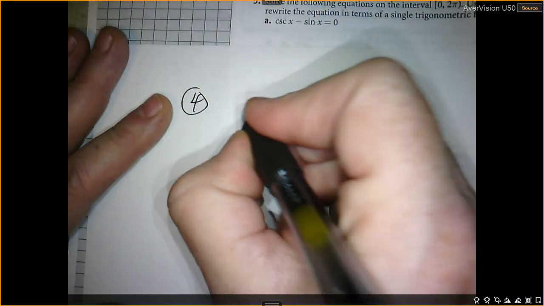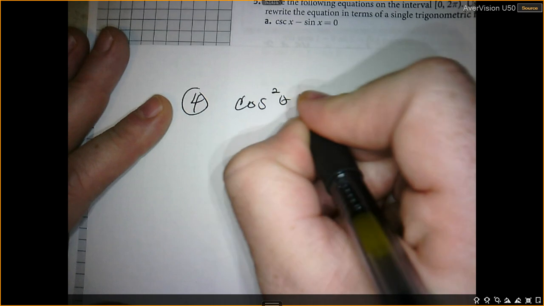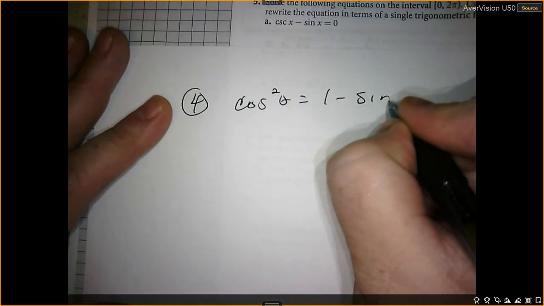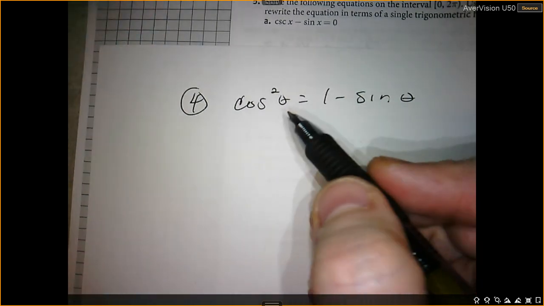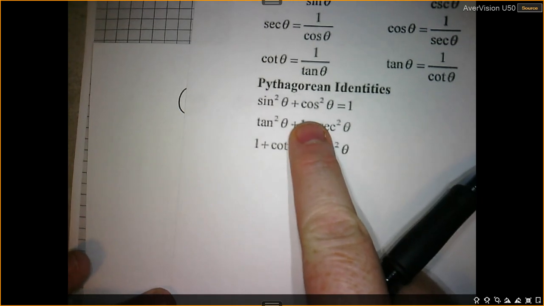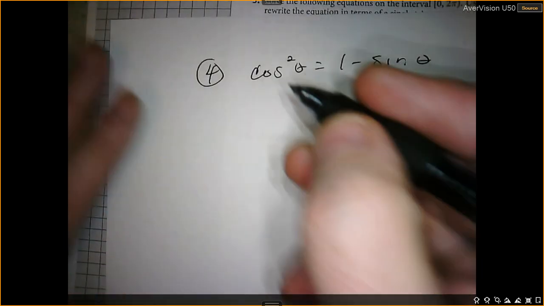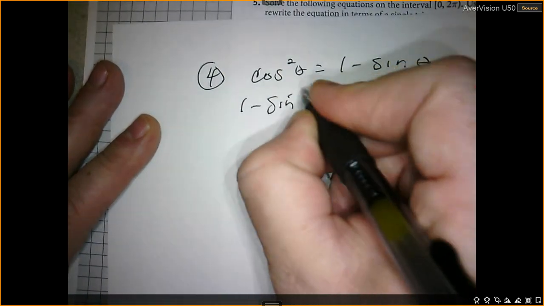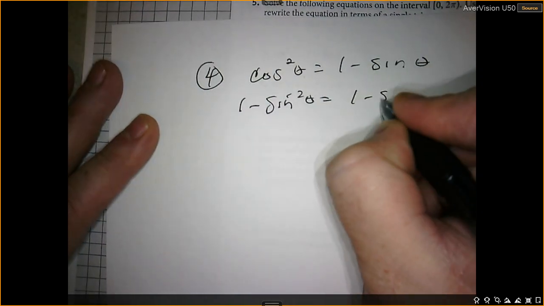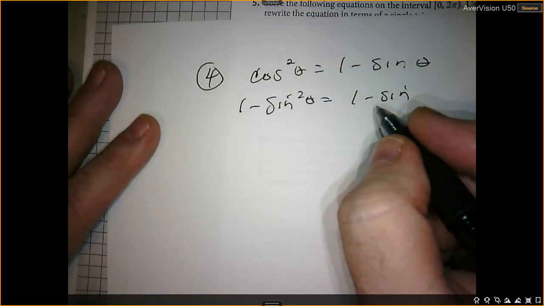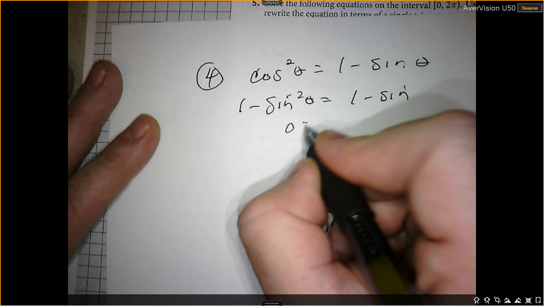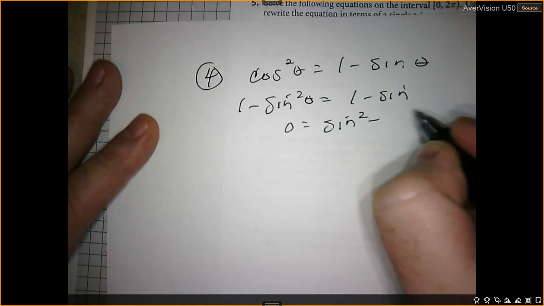So 4 is cosine squared theta equals 1 minus sine theta. Well, I know cosine squared theta is the same thing as 1 minus sine squared theta. So 1 minus sine squared theta equals 1 minus sine. The 1's cross out because it's the same on both sides. So then I have 0 equals sine squared minus sine.